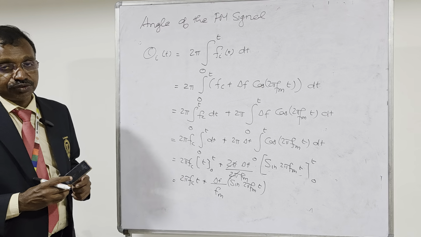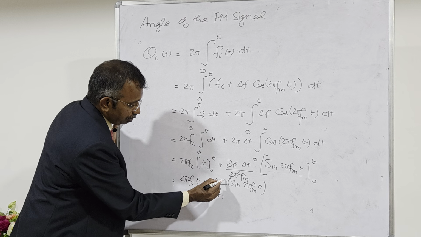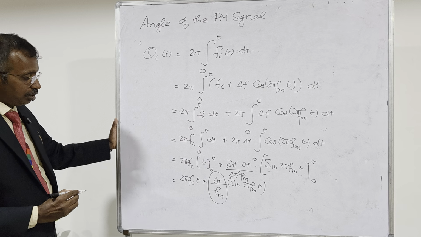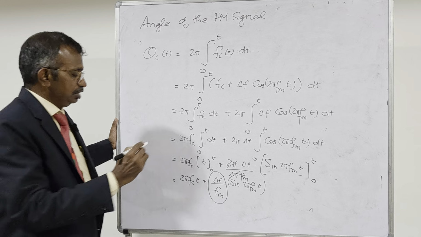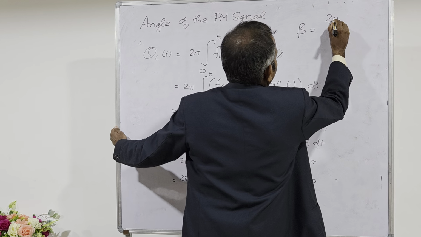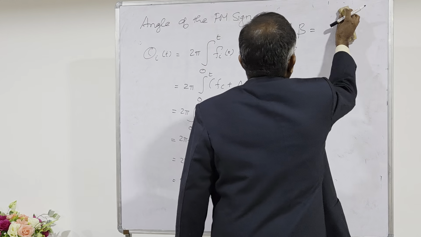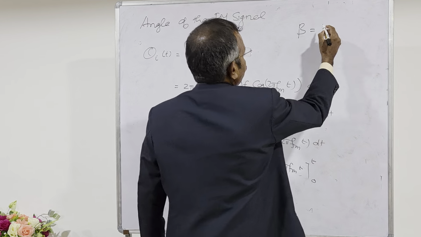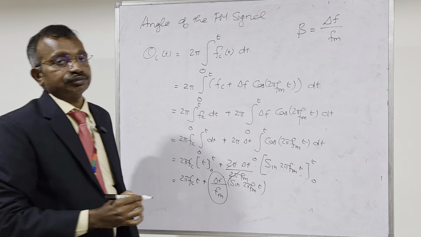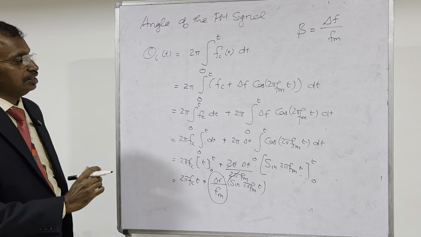This ratio is one of the important ratios, and we are going to call this the modulation index. So modulation index beta is equal to del f by fm.